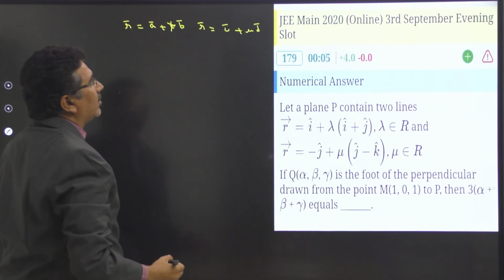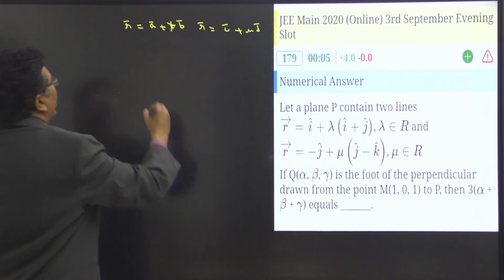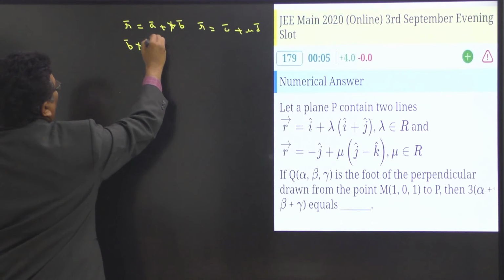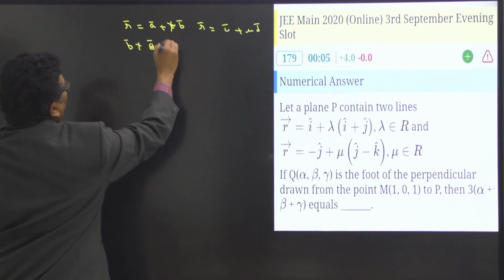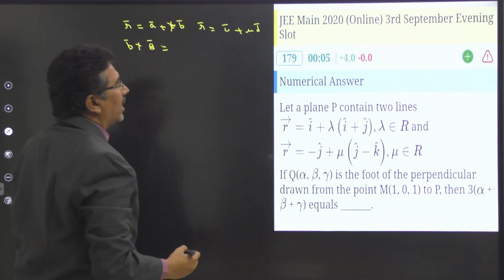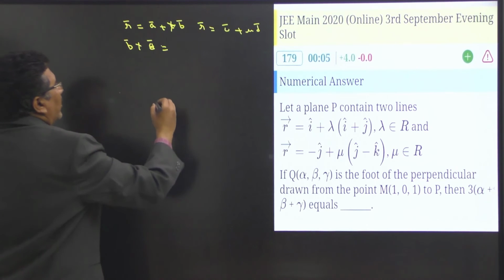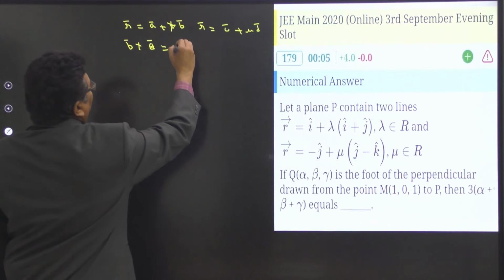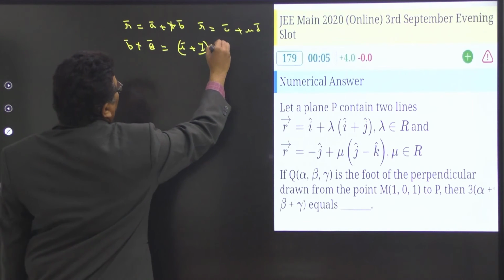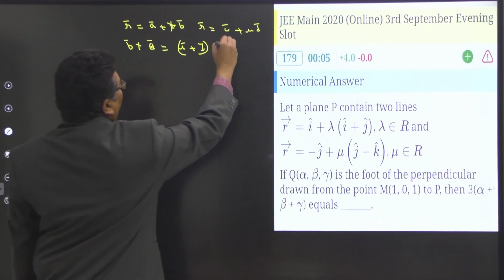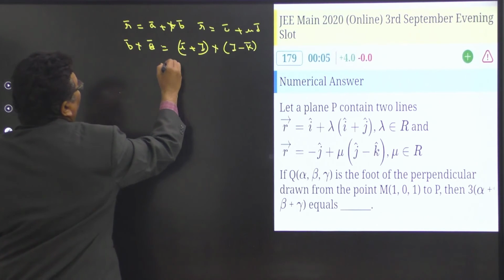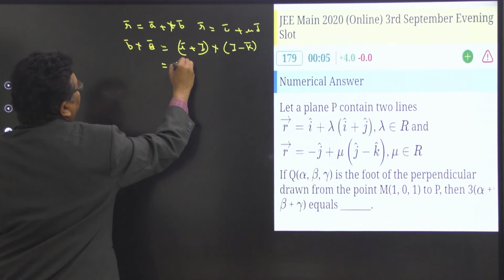First, we want to calculate b bar cross d bar for finding the equation of the plane. Here b bar and d bar are simple vectors, so we find directly i bar plus j bar cross j bar minus k bar. What is i bar cross j bar?